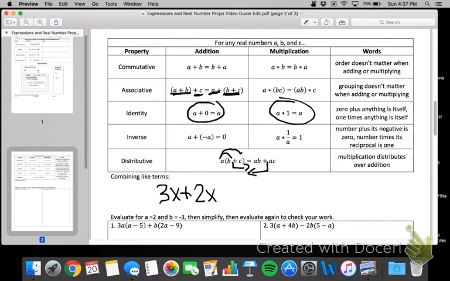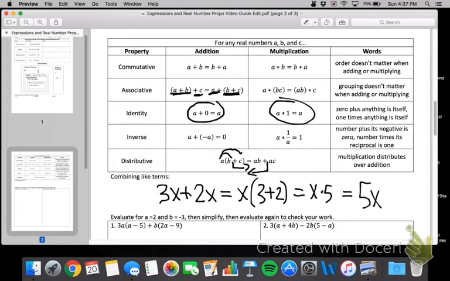So I could take the a out and make it a times b plus c. And that's what I'm going to do here. I'm going to take the x out, I'm going to undistribute the x, and now I have x times 3 plus 2. And you can see that 3 plus 2 is pretty obviously 5, x times 5, which we would usually write as 5x.